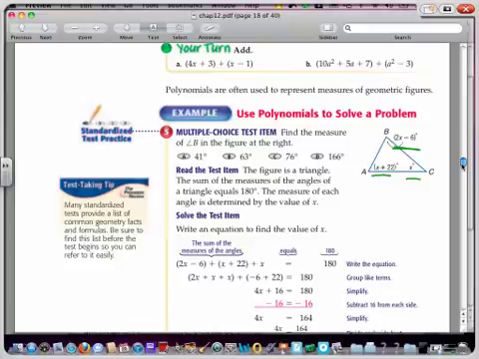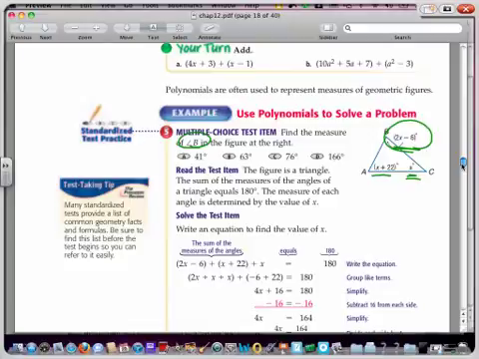The question is, what is the value of B? In order to figure that out, we're going to have to first figure out what x is, and then from that we can figure out what B is. If we knew that x was 10, for instance, we could say it's 2 times 10 minus 6. Well, we've got to figure it out.